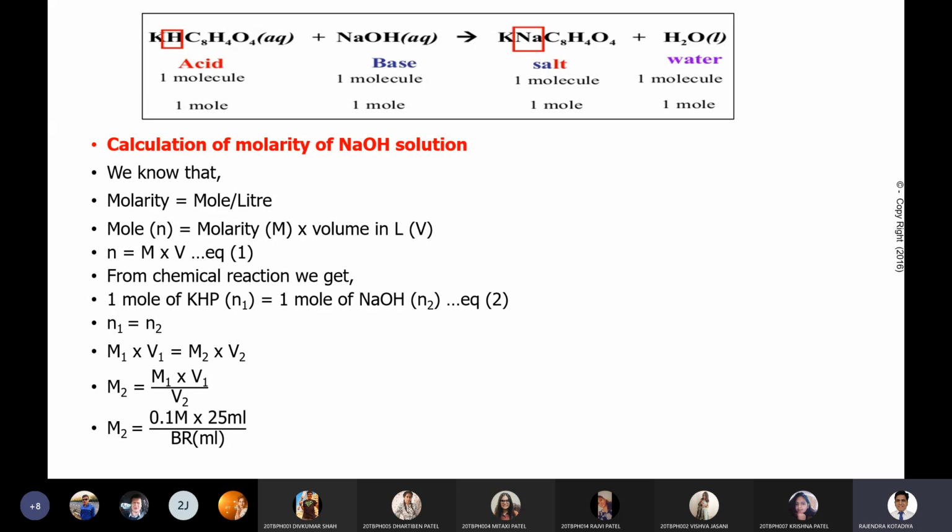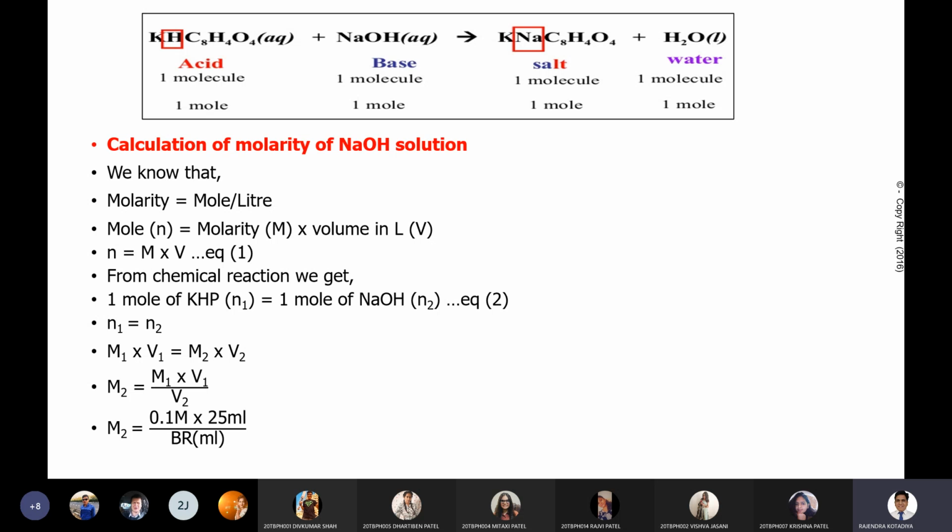As M1 is 0.1 molar, the molarity of KHP we know, and its volume we know, 25 ml taken in the titration, divided by V2, the burette reading. That is why we do the titration, to find the burette reading. Once we have the burette reading, if you substitute it here, we can find out the molarity of NaOH solution.